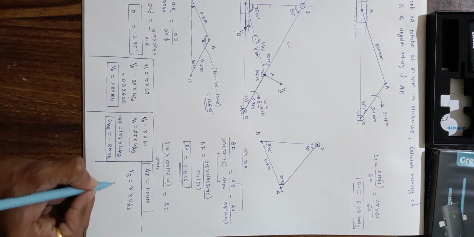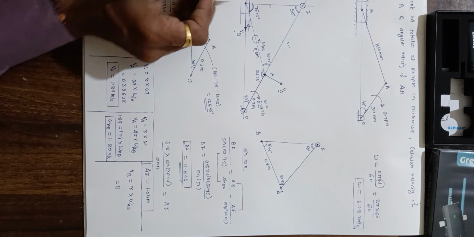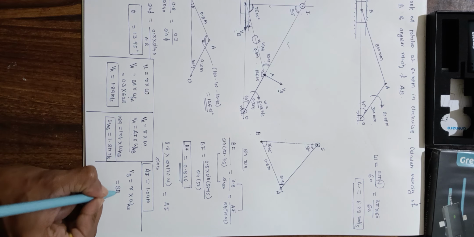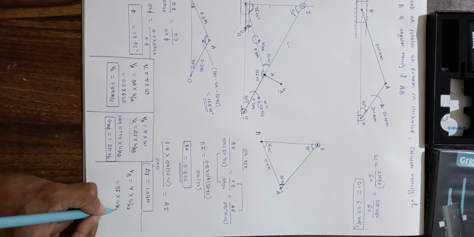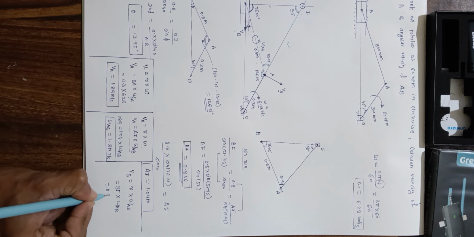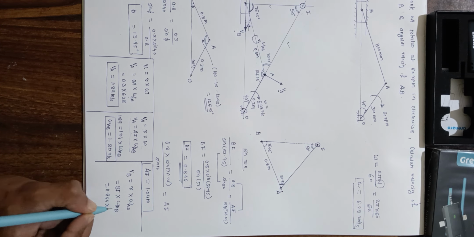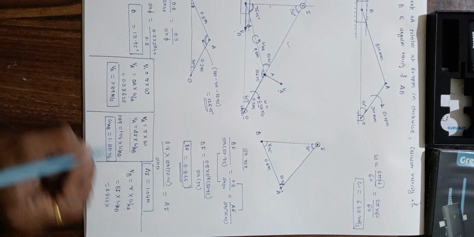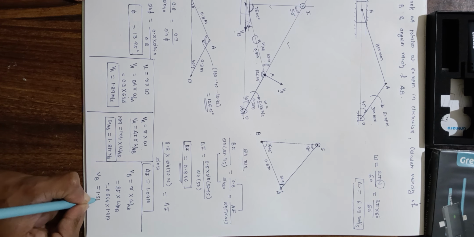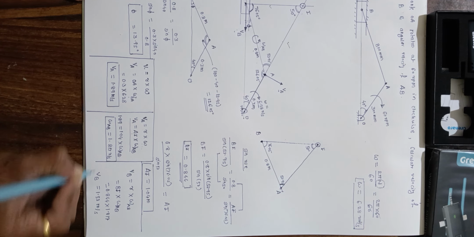So R will be the distance of point B from the ICR, so distance BI into omega AB. So distance BI is 0.844 into omega AB, it is 1.817, and from this we get the value for VB, it is 1.53 and the unit is meter per second.